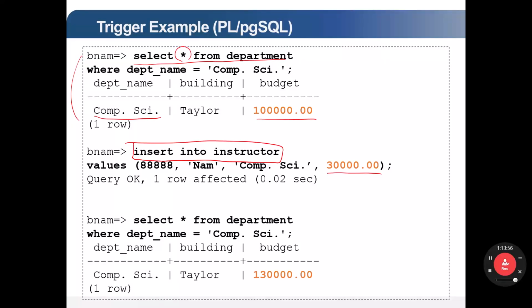We didn't touch the department table, but since this insert statement is going to trigger the procedure, the function that we implemented in the previous slide, when you run the same select query, you will see an updated budget.